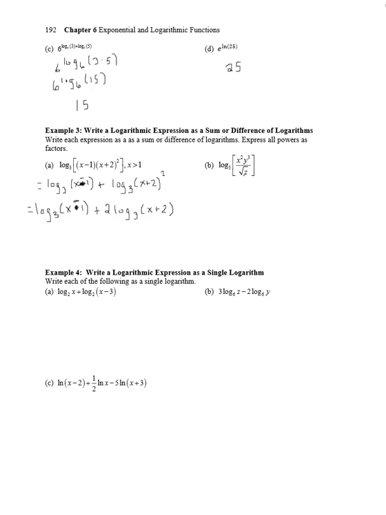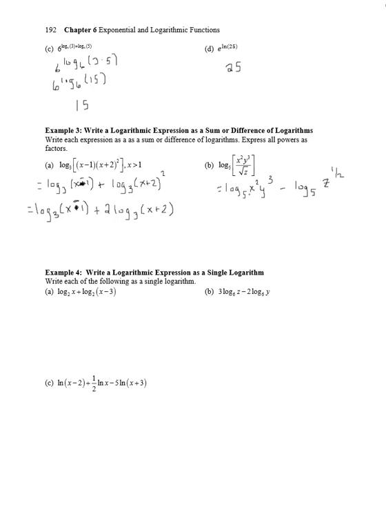Okay, redoing this difference one, because it's a quotient, we have log base 5 of x squared y cubed minus log base 5 of the square root of z. Now remember, the square root of z is z to the 1/2 power.